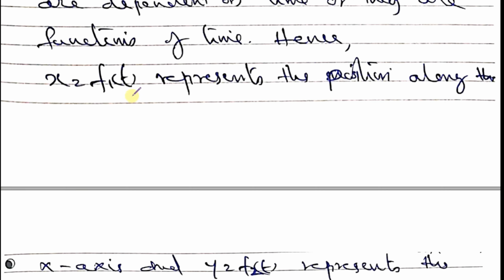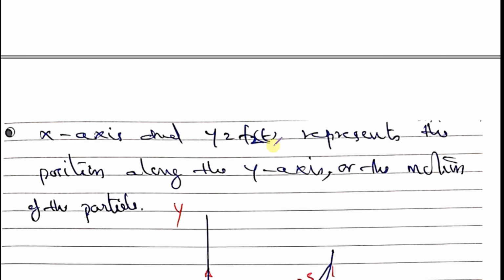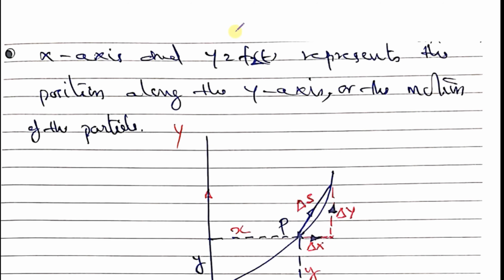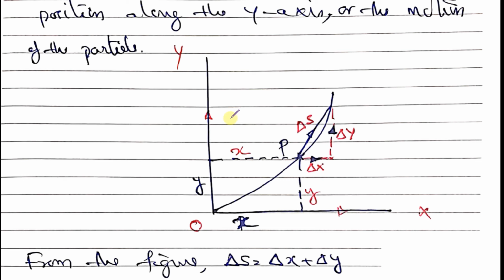Then x equal to f1 of t represents the position along the x-axis, and y equal to f2 of t represents the position along the y-axis; these two show the motion of the particle. You can see a figure here in which a particle is moving from the origin along this path.